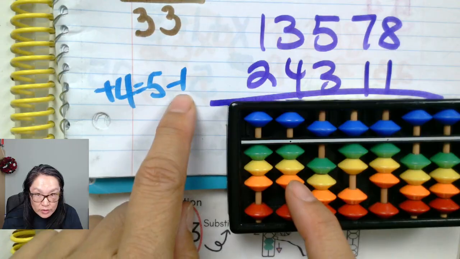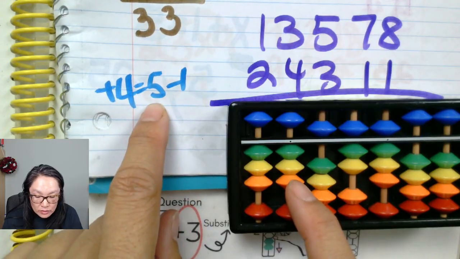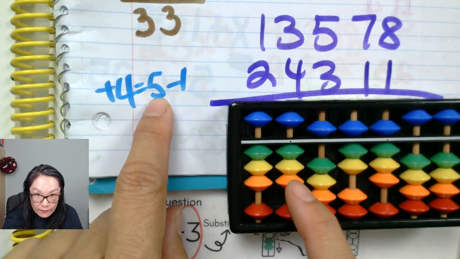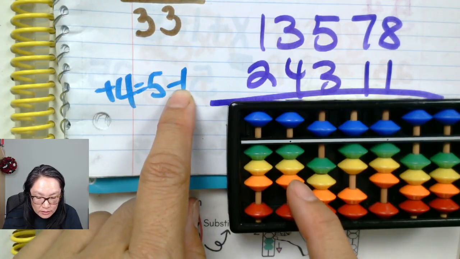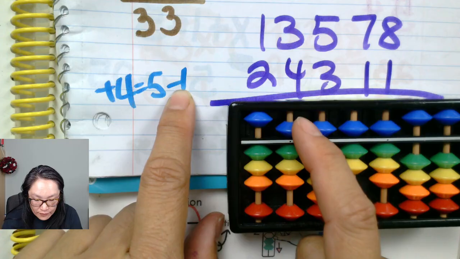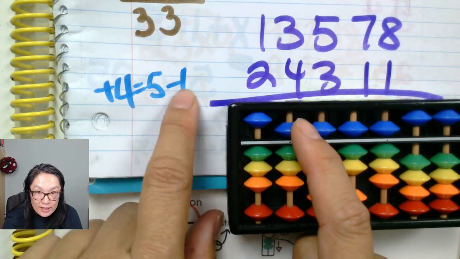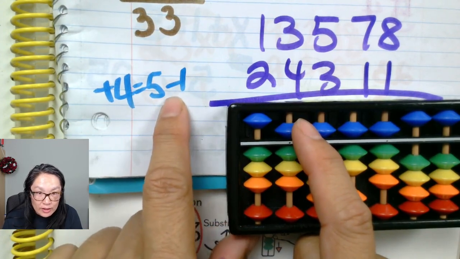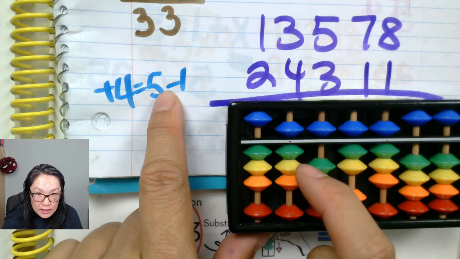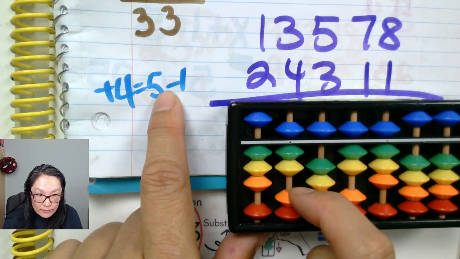These are directions on how to do it: add the 5, take away the 1. Bring down the blue minus the orange.